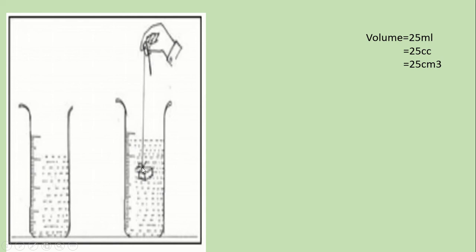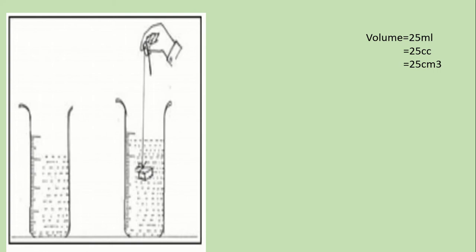Then we will see one thing, the water level will rise, because when any object is immersed in water, then some amount of water is displaced. The volume of that displaced water is equal to the volume of the object. You have to remember this.